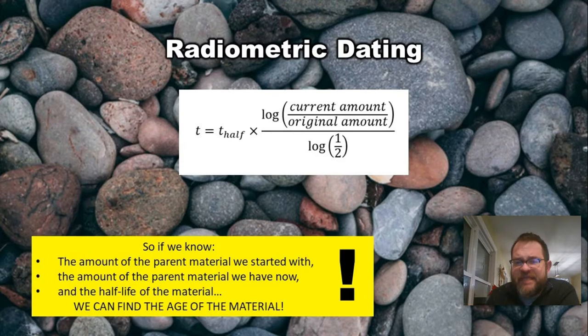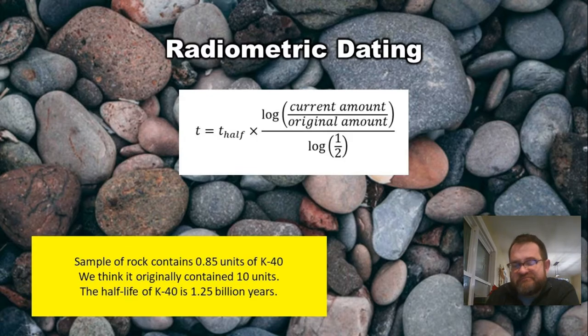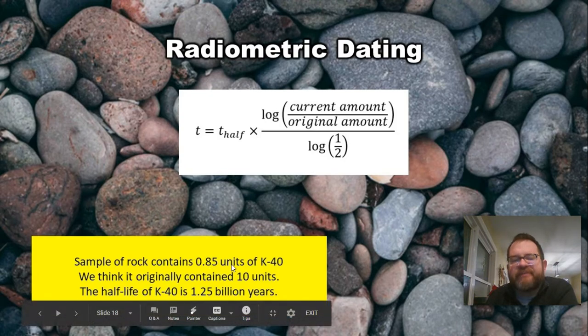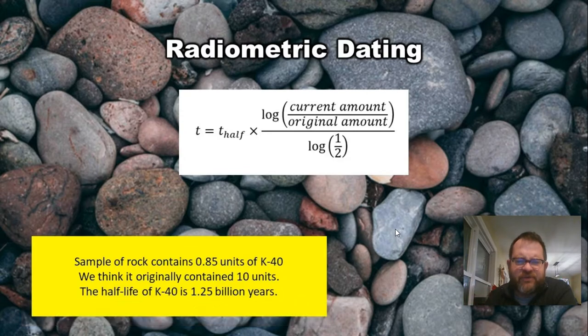We're going to be doing examples of that in today's lab, but just to work through a realistic example for potassium 40, let's say a particular rock contains 0.85 units of potassium 40. I think this actually is the example they do in the book. And we have reason to think it originally contained 10 units of it. For example, if you added up the potassium 40 and the argon 40 in the rock, it comes to 10 units.